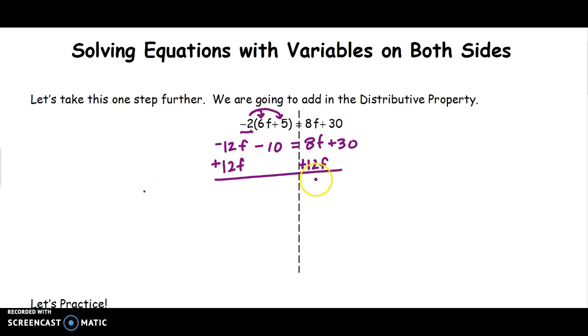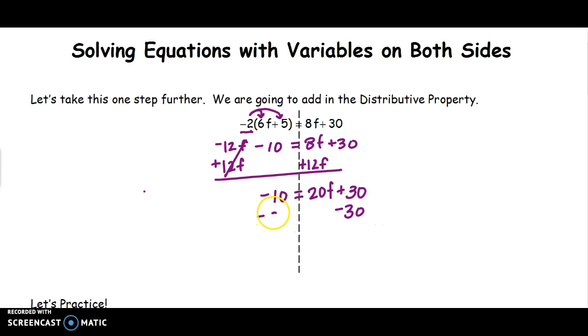And remember, line them up so that you have your like terms next to each other. Bring down everything that you have not yet used, and then combine your like terms. 8f plus 12f is 20f, and you're plus 30. Since our f is here on the right-hand side, we have to move everything now to the left.